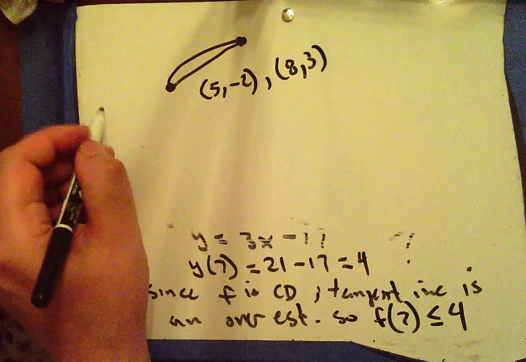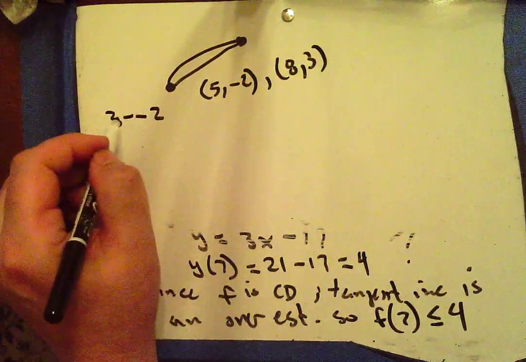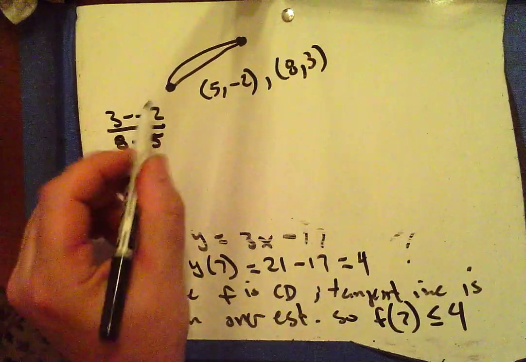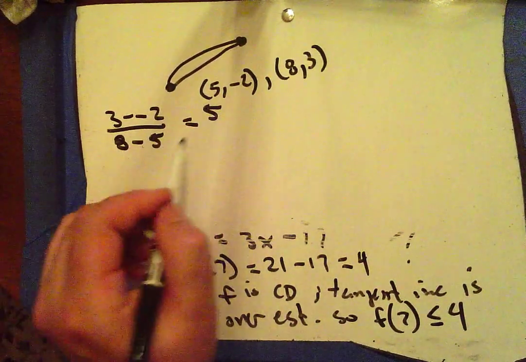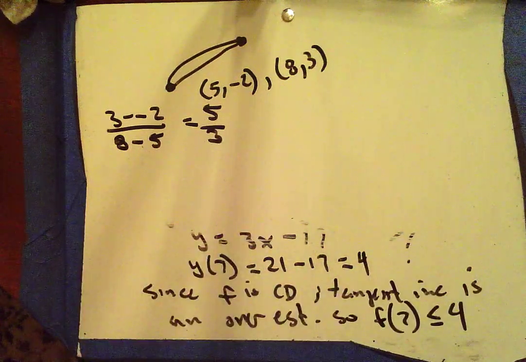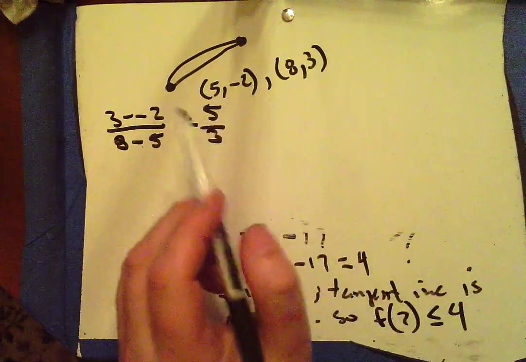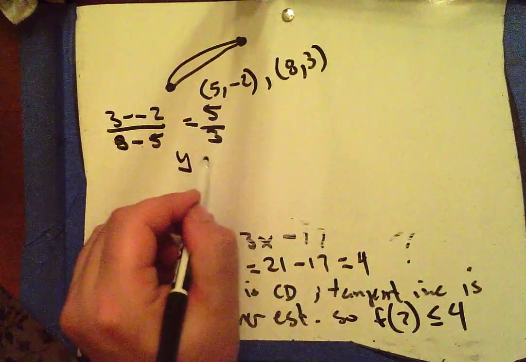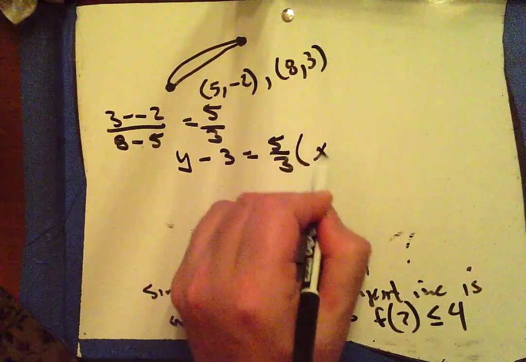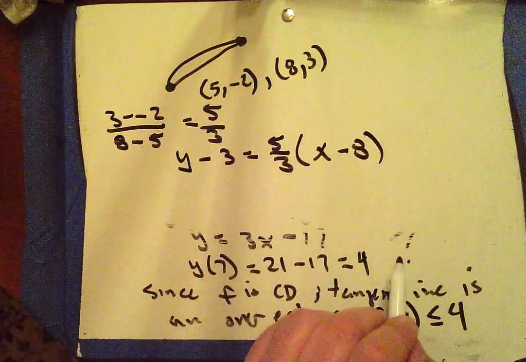So I need a slope, 3 minus negative 2 over 8 minus 5. I get 5 over 3. 5 over 3 is my slope. Okay, and I've got an ordered pair to work with, so y minus 3 equals 5/3 times x minus 8.